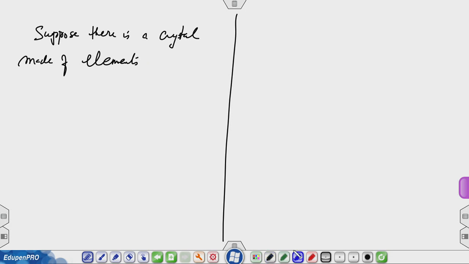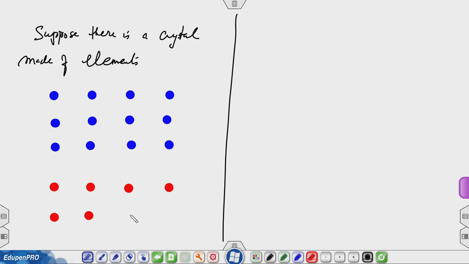So, there is some sort of a crystal, let us make that one element, and another element. These are both in equilibrium.